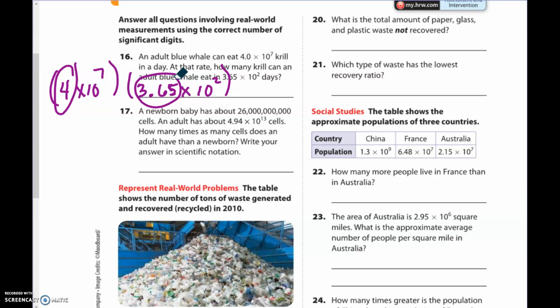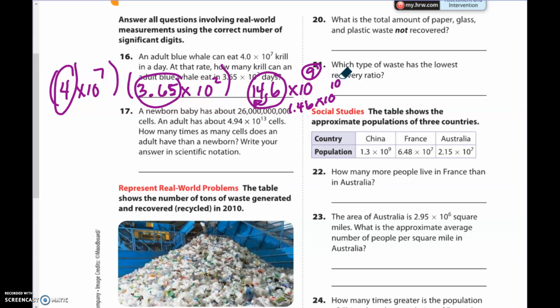And because it's multiplying, that exponent is going to be times 10, and we're going to add our exponents. So we get a 9. If we multiply those together, I think we're going to get 14.6. Now remember, that is not scientific notation. So we move this so that this goes down. So it's 1.46 times 10, and if this part goes down, that has to go up. So that exponent will become a 10.